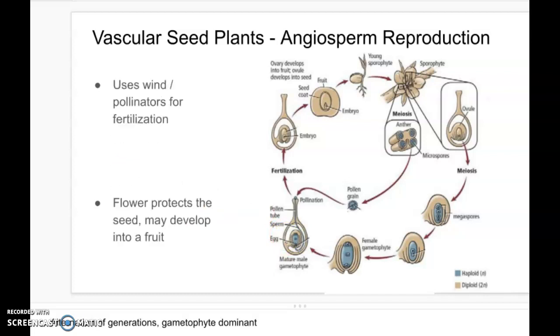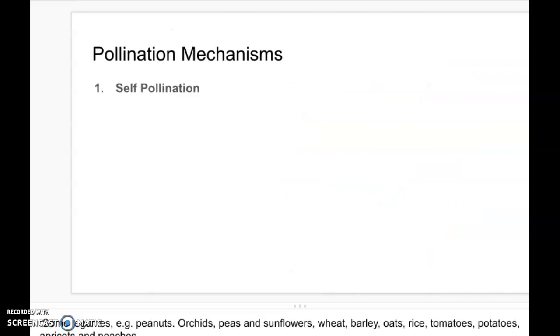A couple more things: the flower will be protecting the seed, and the fruit will protect the seeds also. So here the seeds are much better protected than in any other types of plants, and winds and pollinators will fertilize all of this process.